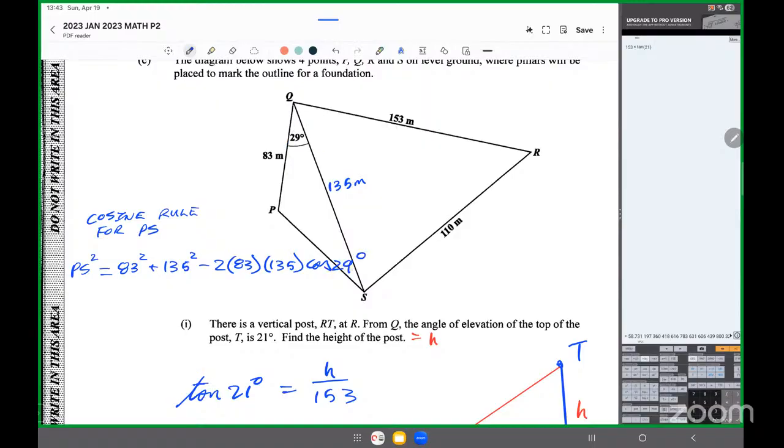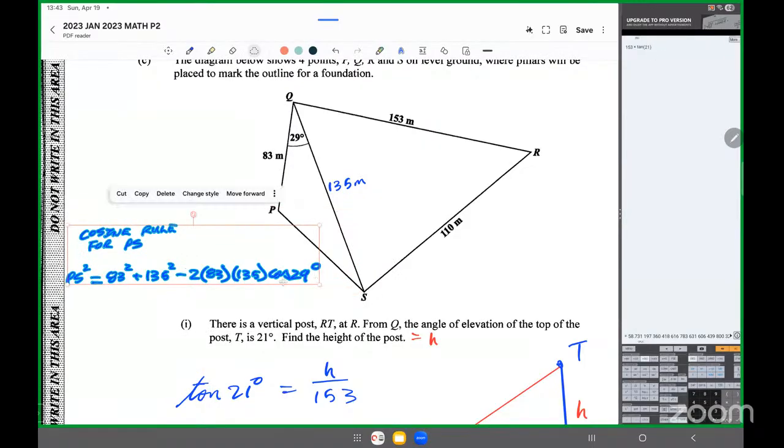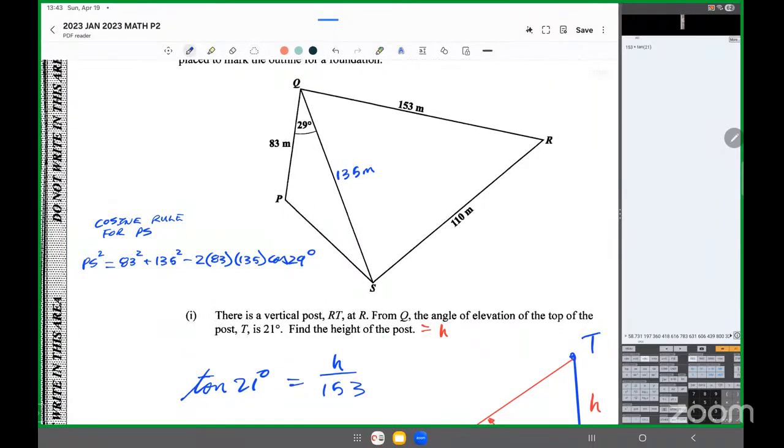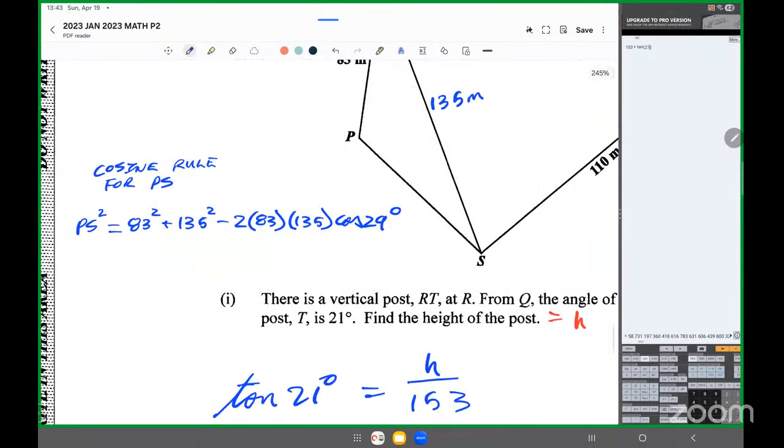Let's shift this down. And then to find the PS, we just take off this square and square root everything here.